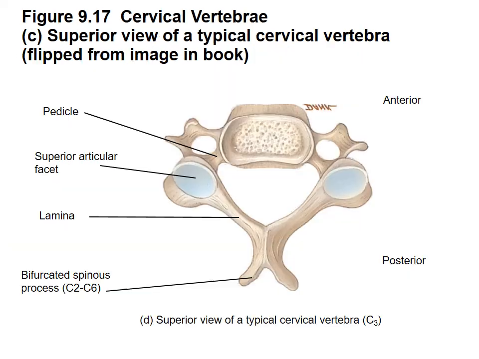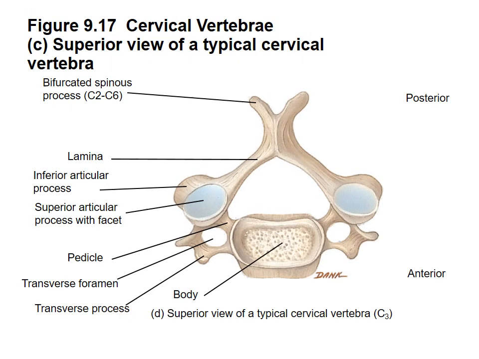Next slide. So this is exaggerated a little bit to show the transverse foramen. This is a C3 vertebra. I was thinking of C2. Same things: bifurcated spinous process, the vertebral foramen for the spinal cord there. Next slide.